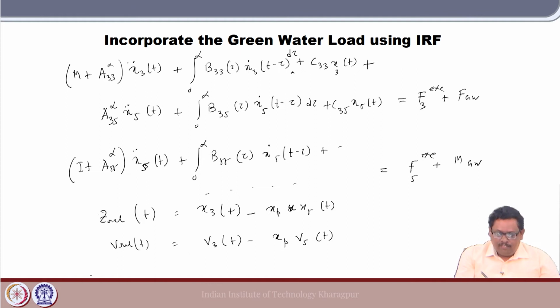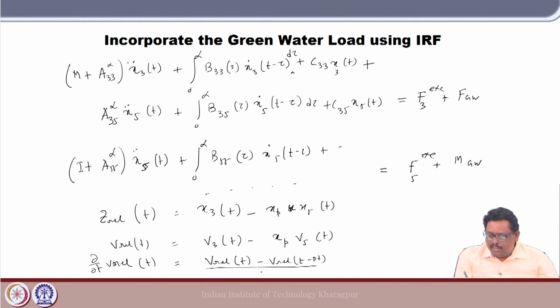Now, you have a problem with the derivative of the V relative, because you have to find del del t of V relative, that also you need to find, right. How do we get the derivative of the V relative? You can use the forward difference scheme. So, you can take V relative t minus V relative t minus delta t, divided by delta t.